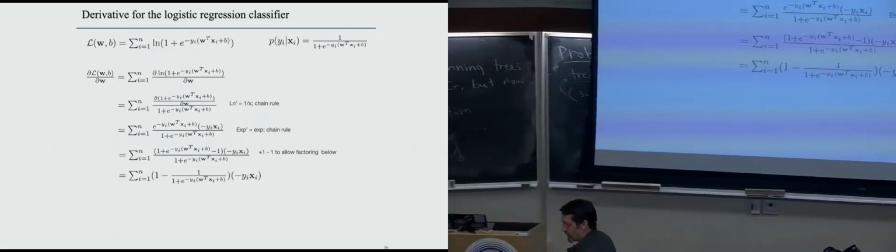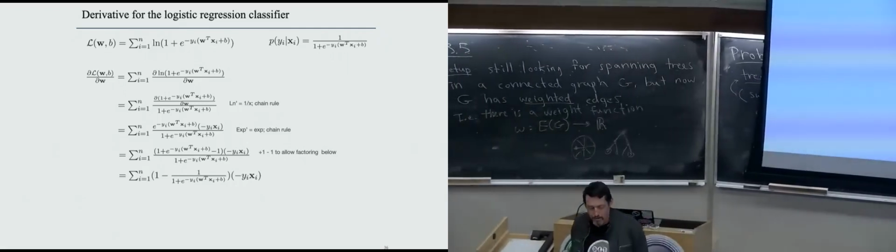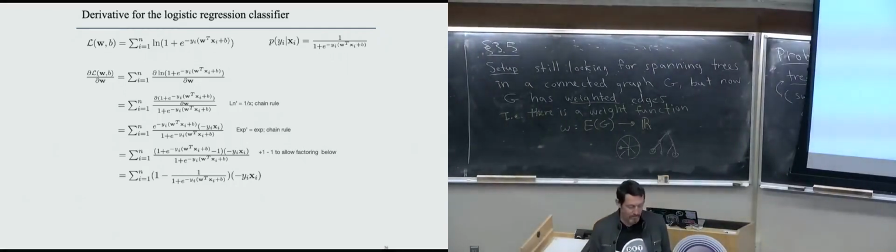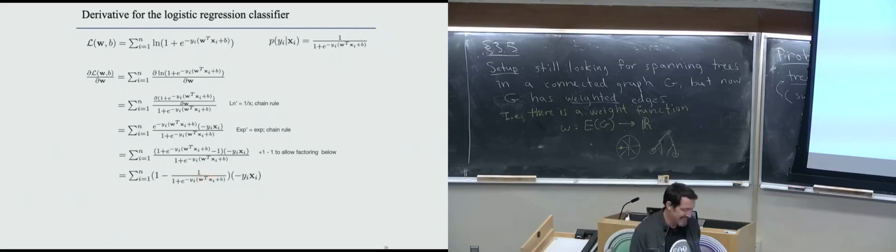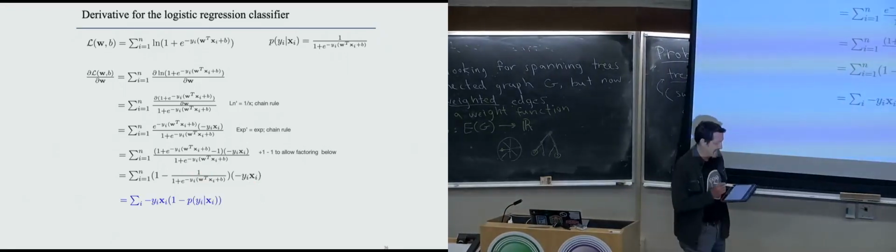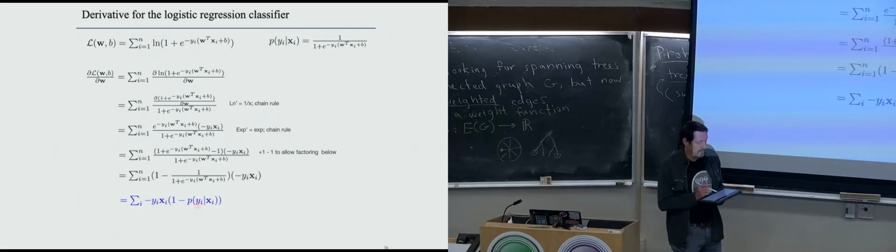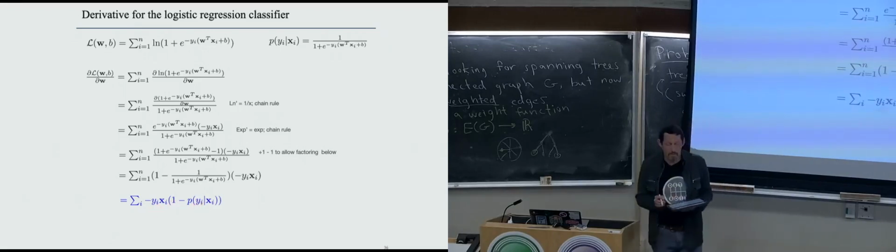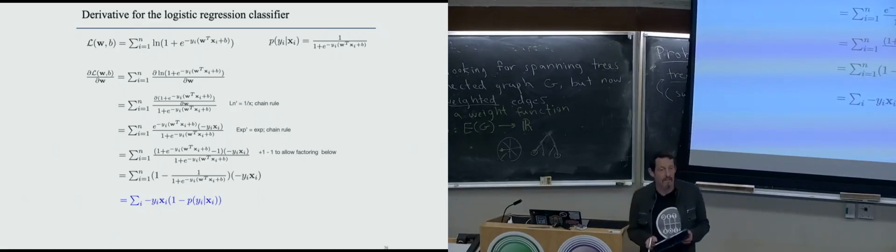And in the end, you can simplify this down. And the beauty here is that what you've simplified it down to is 1 minus the logistic function. It's a logistic function again, times minus y xi. It is literally the derivative: 1 minus the logistic function times minus y xi.